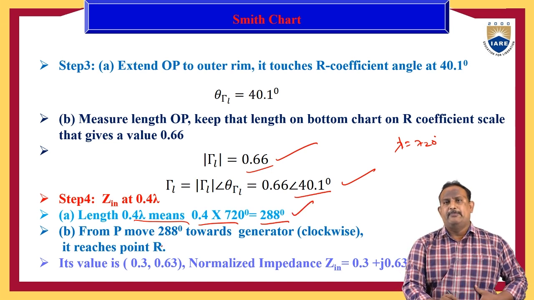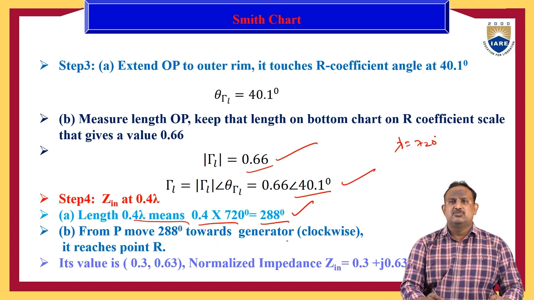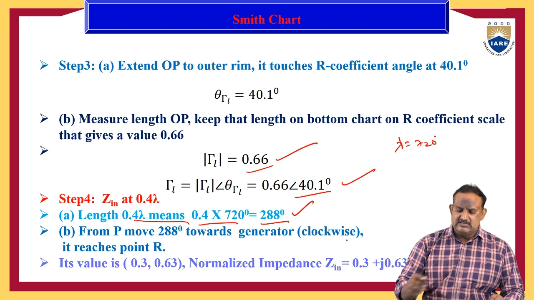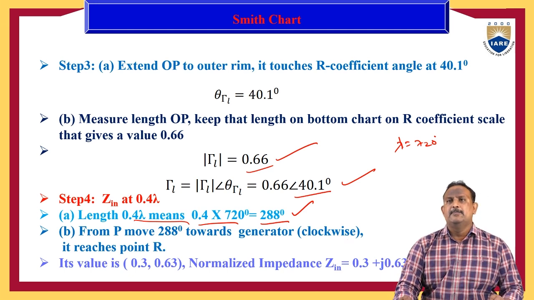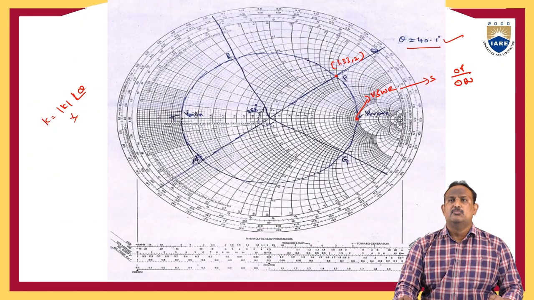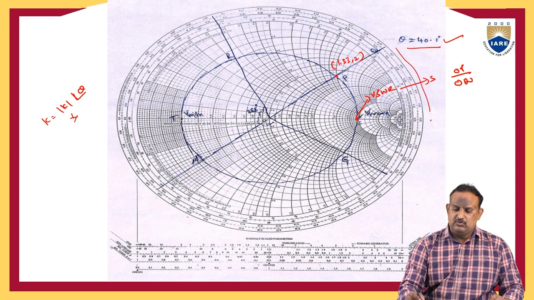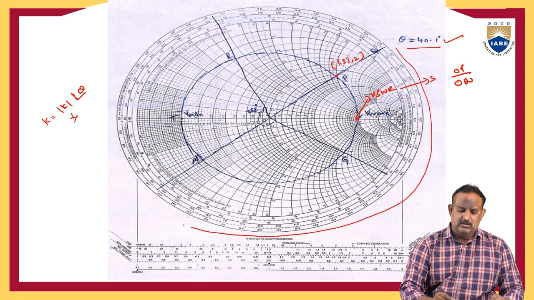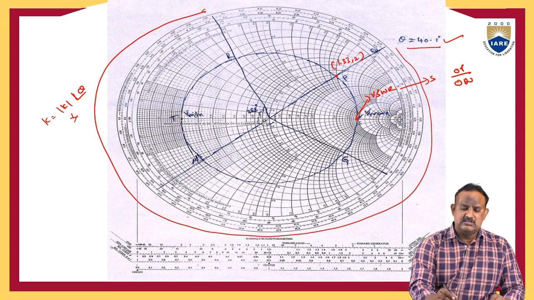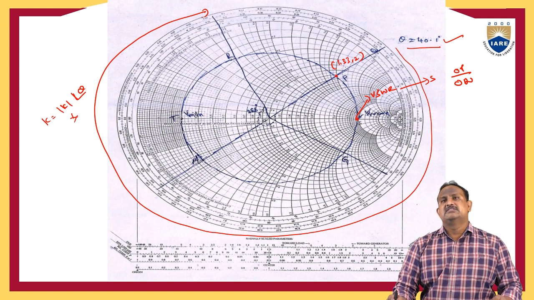Therefore, from P, move 288 degrees towards the generator in the clockwise direction. If we move 288 degrees clockwise, it reaches the point R.